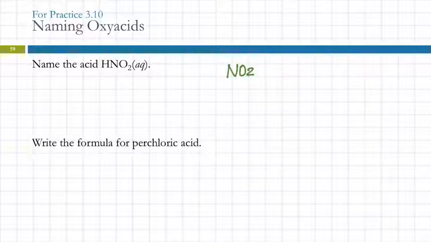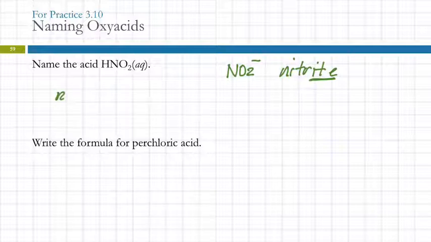NO2, we memorize that has a -1 charge. What's the name of that? Nitrite. Nitrate is NO3 minus, and this is nitrite, right? So ite and ick go together. So I'm going to change this ite ending to ick. So nitrite becomes nitric, and the word acid.